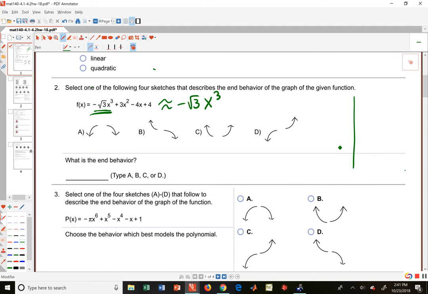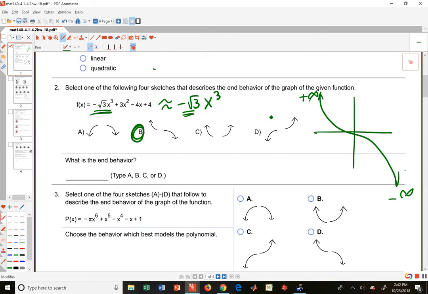It has less of an impact on the ends, or the end behavior. And since we're dealing with a negative up front, that's going to have the end behavior that goes like this, coming out of positive infinity and leaving at negative infinity, like that. So B is our choice.